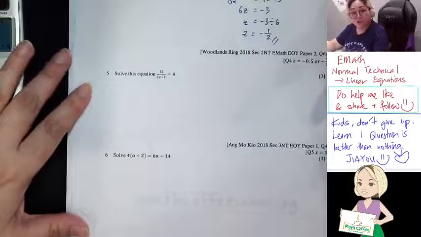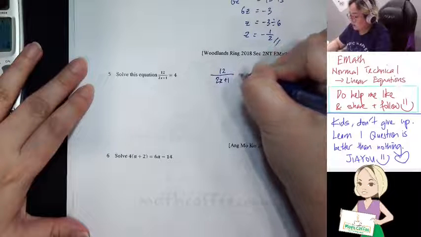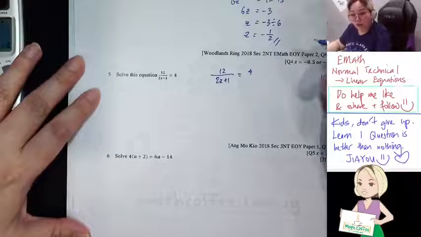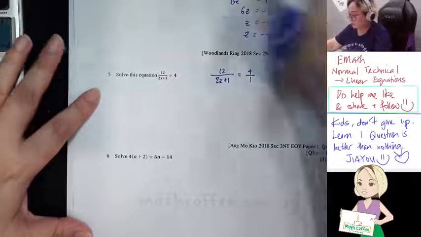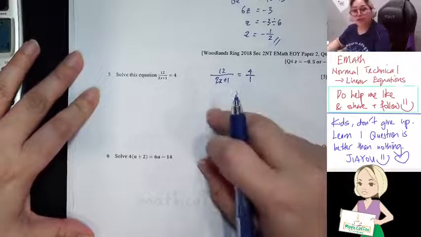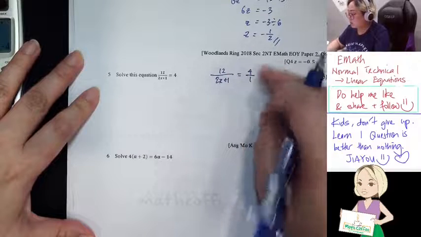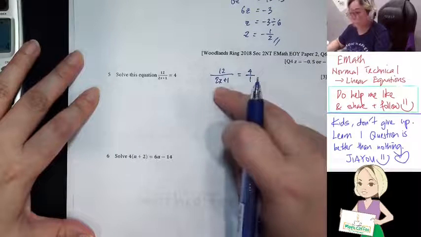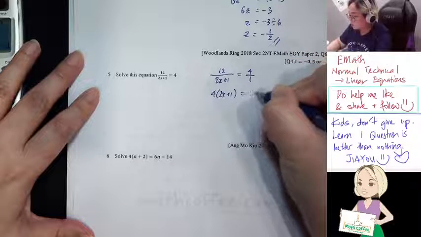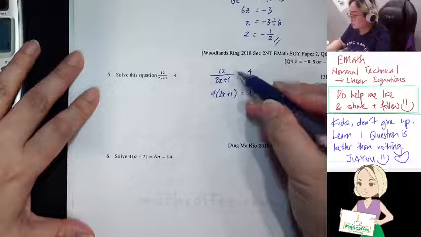Okay, again, fraction. So 12 over 2x plus 1 equals 4. What I want you to do is write 4 over 1. Now both sides are already a single fraction, so you can cross multiply. When I cross multiply, I take my 4 times 2x plus 1 on the left hand side, so 4 times 2x plus 1 equals 12 times 1.